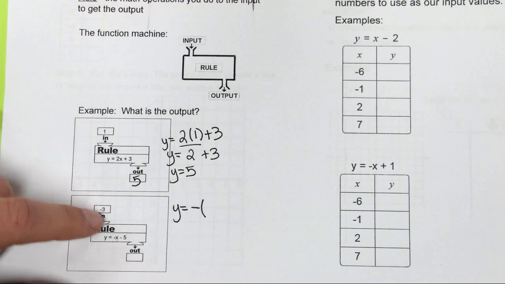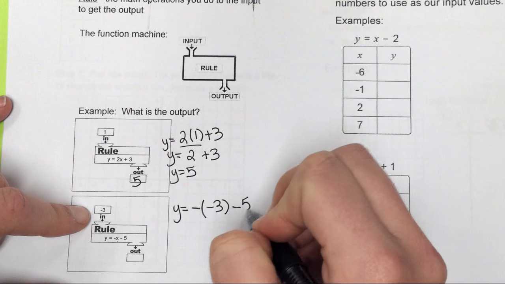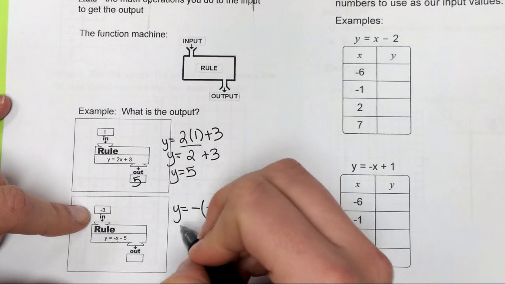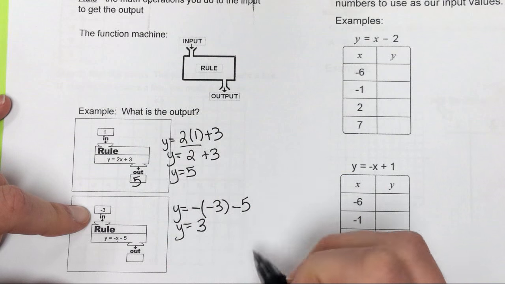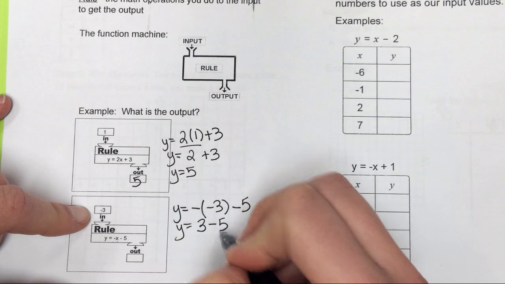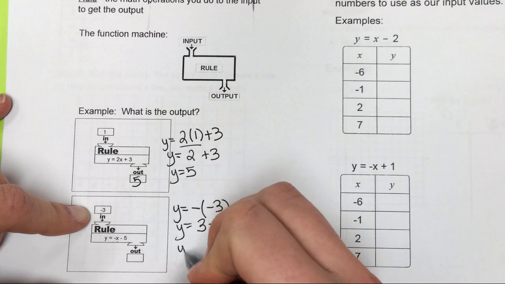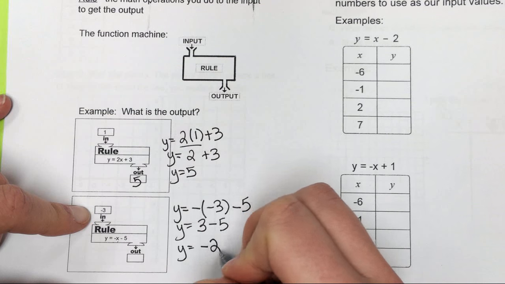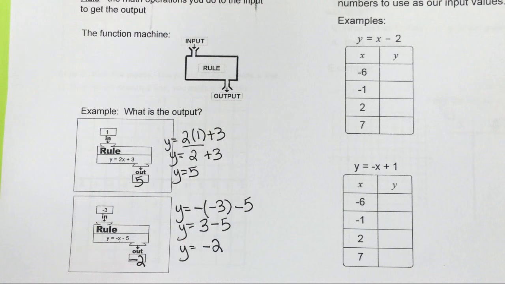So we have opposite of -3 minus 5. So the opposite of -3 is +3 and minus 5. Okay, so 3 minus 5 is going to give us a value of -2. So my output here is -2.